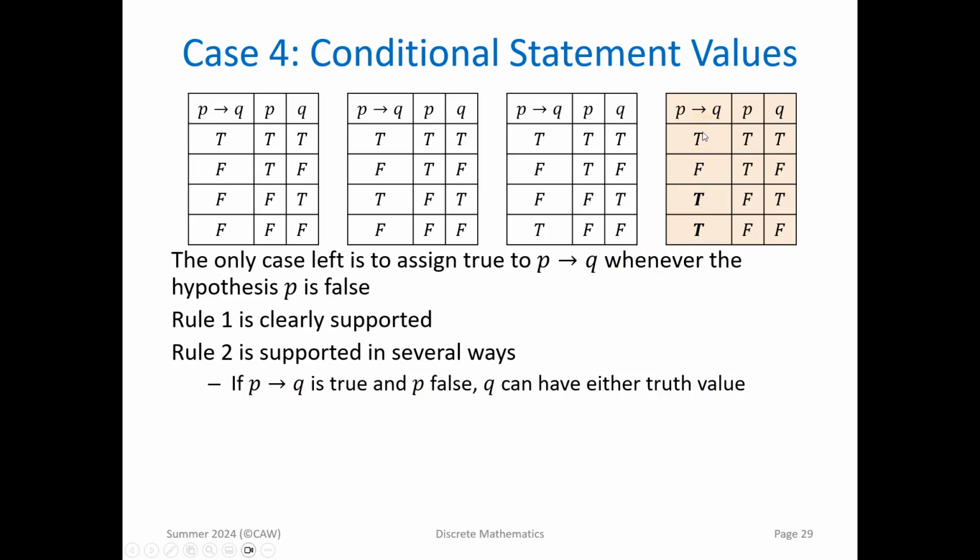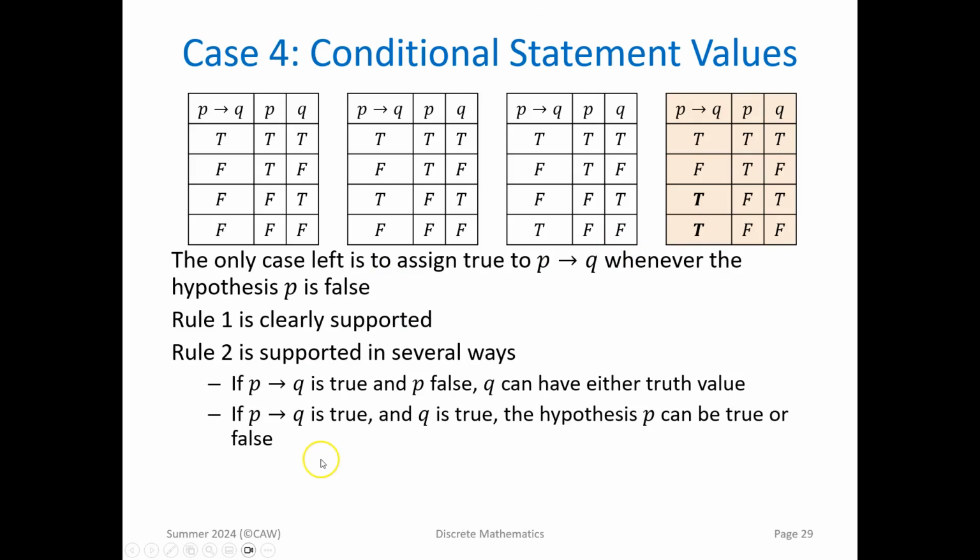We see that in the first row, the third row, and the fourth row. But P is false. We see that in the third and fourth row. We want to say we know nothing about Q in that case. And that is given in this table because Q can be true or Q can be false. So that's good. When we have a false instance of P, we can't say anything about Q. And so we don't have any extra knowledge beyond what we allowed in the essence of the conditional.